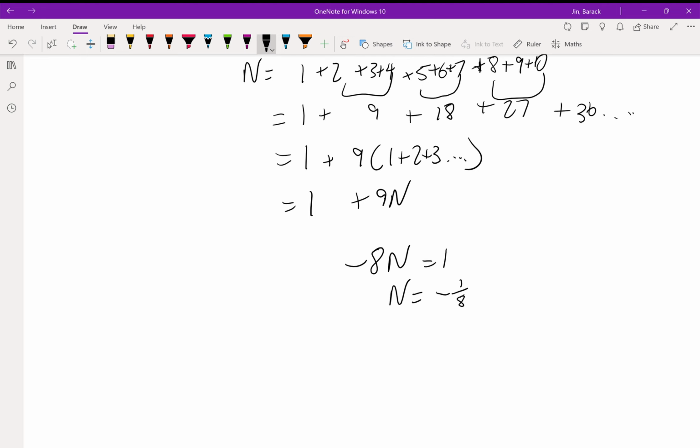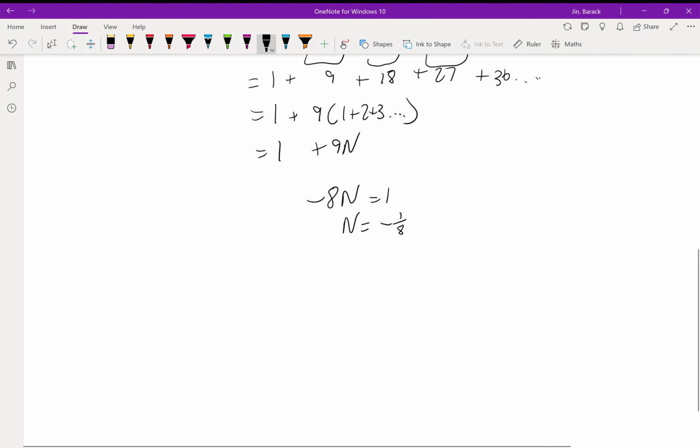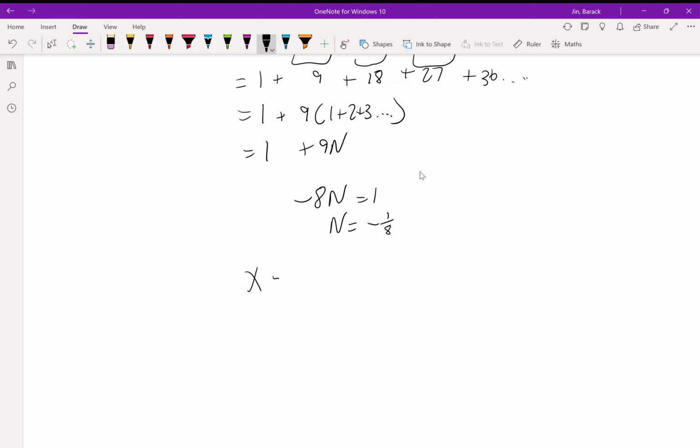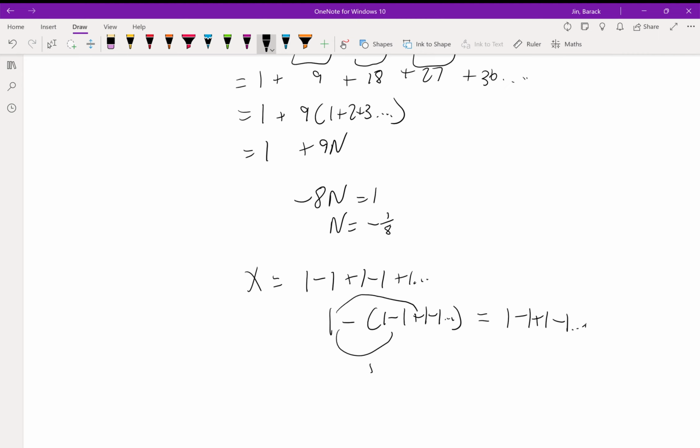Okay, let's think about this. Suppose x equals 1 plus... Actually, no. Suppose x equals 1 minus 1 plus 1 minus 1 plus 1, and so on. This equals 1 minus (1 minus 1 plus 1 minus 1, and so on), because this is 1, and this is minus 1.